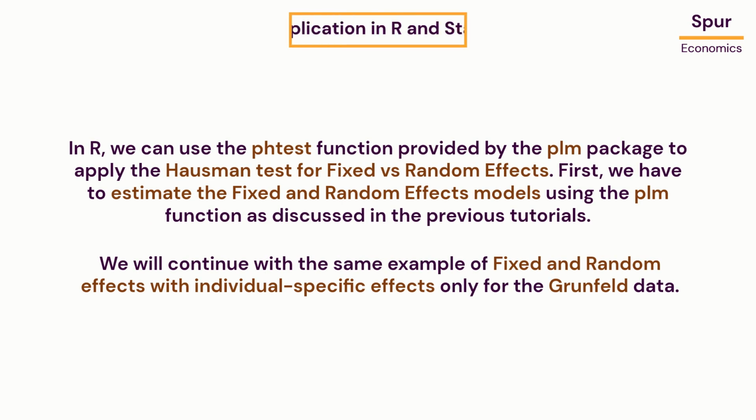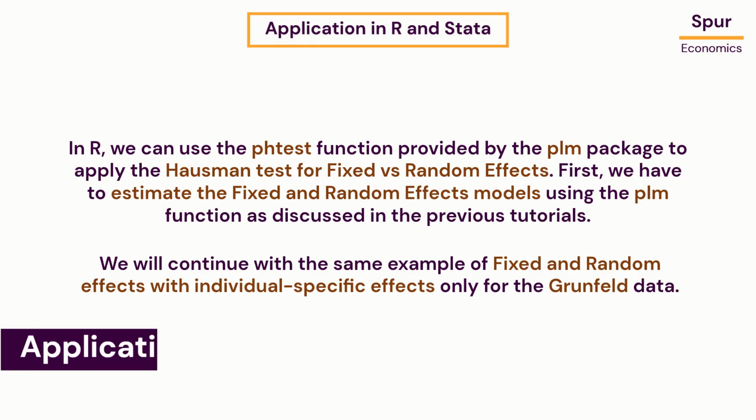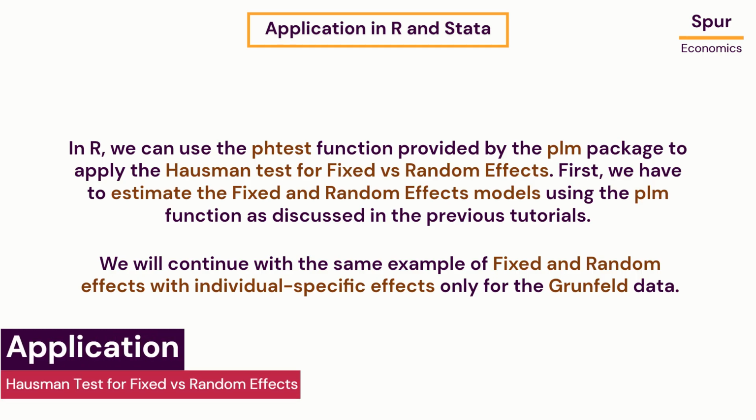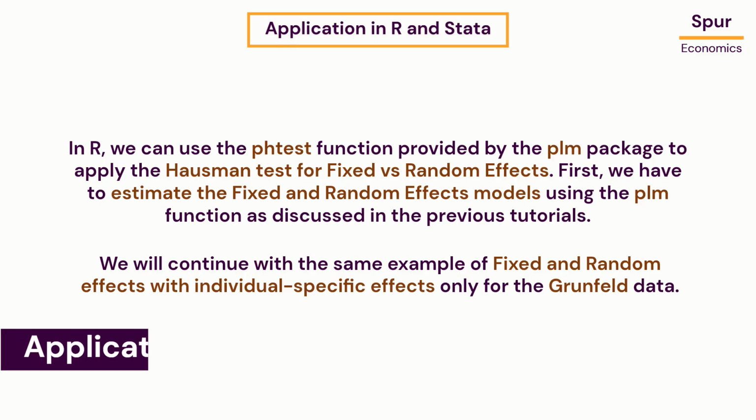In R, we can use the phtest function provided by the plm package to apply the Hausman test for fixed versus random effects. First, we have to estimate the fixed and random effects models using the plm function as discussed in the previous tutorials. We will continue with the same example of fixed and random effects with individual specific effects only for the Grunfeld data.